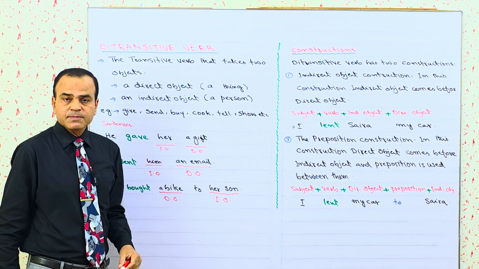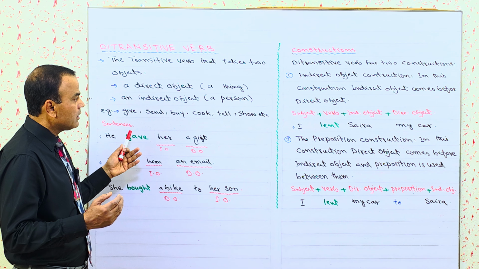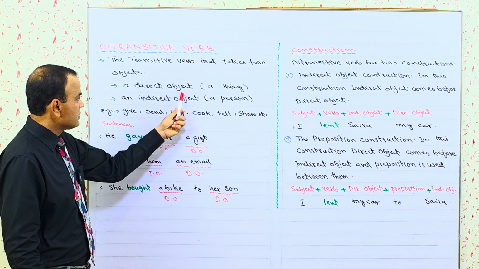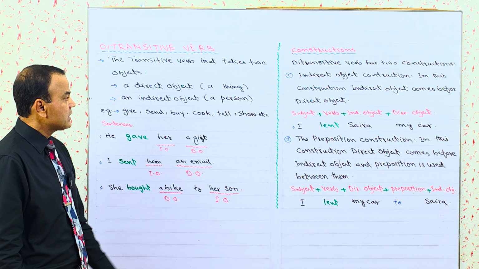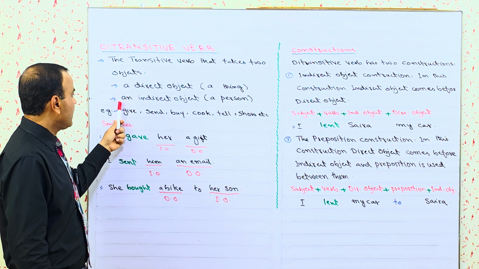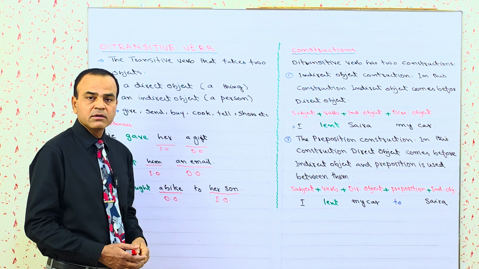The two objects in this sentence may be labeled as direct object and indirect object. A direct object is mostly a thing, and an indirect object is mostly a person.